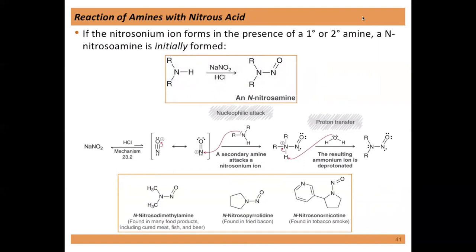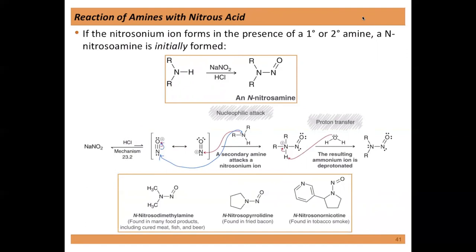So the mechanism, just as we did on the previous page, we're going to generate this nitrosonium ion that has these resonance structures here. And then it's a simple mechanism where the nitrogen will come in and attack the nitrogen of the nitrosonium ion. You could also have it attack this resonance form there and kick the electrons up onto the oxygen.